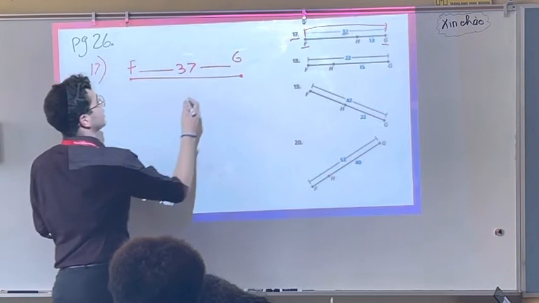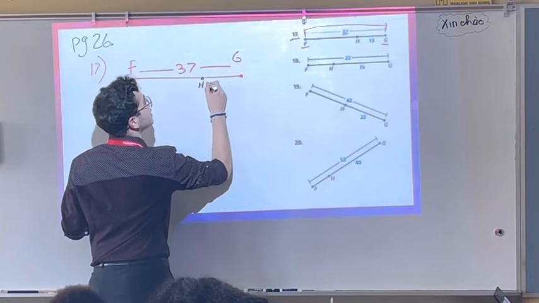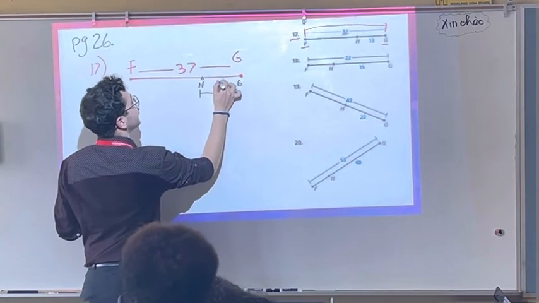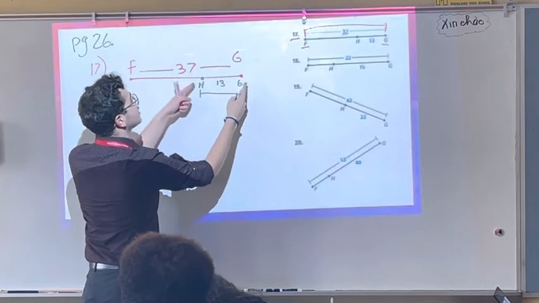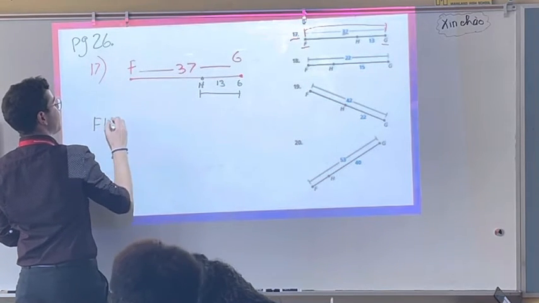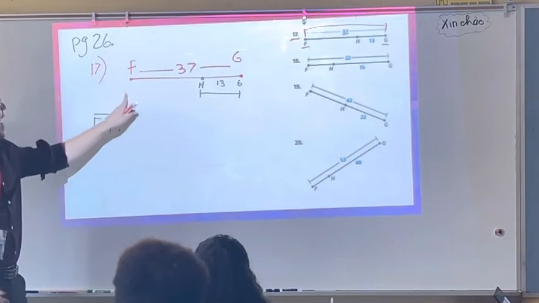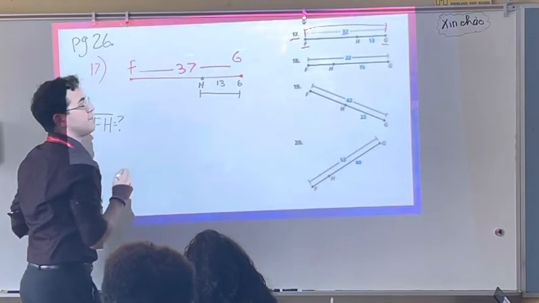Now H is right here, and H to G, a smaller portion of that is how much? 13. So the total is 37, a small portion is 13, but we don't know FH. How would we find out the remaining portion of FH?